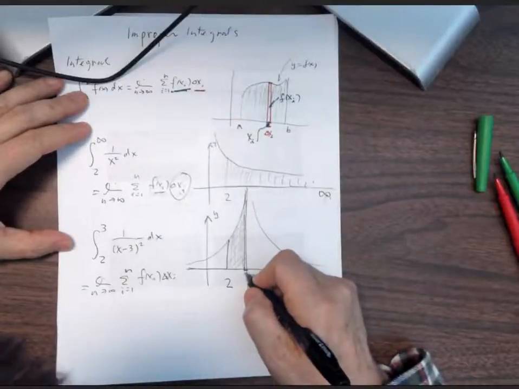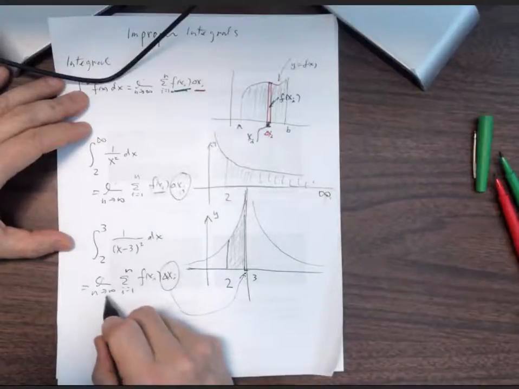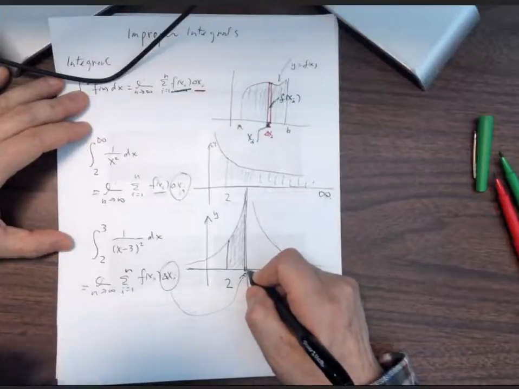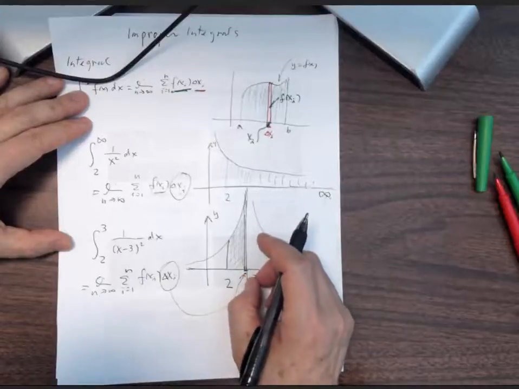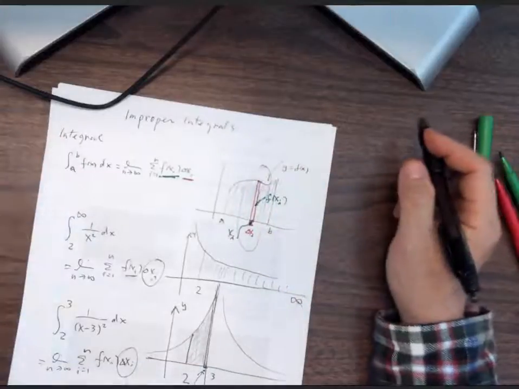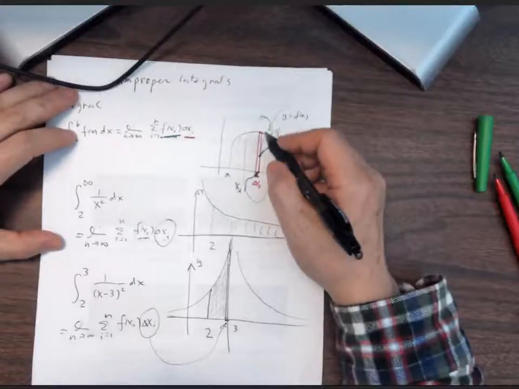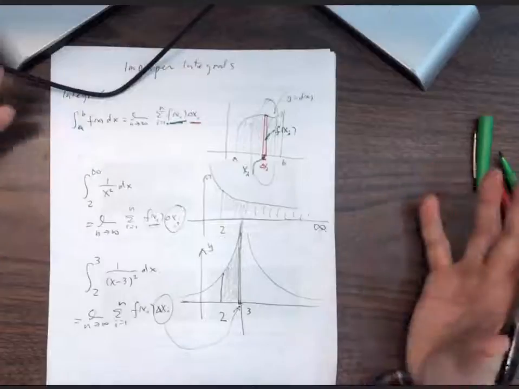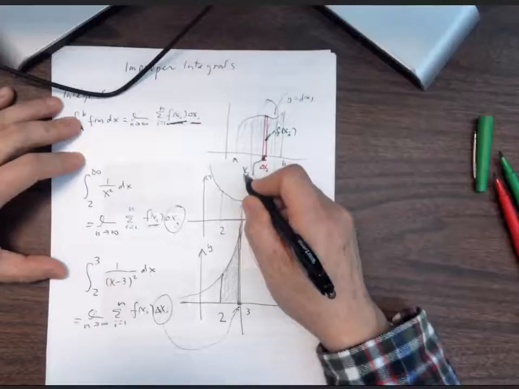Now the width delta x can be very, very small, but as we increase the number of strips, this strip gets narrower and narrower, which means the usual way to construct a rectangle would require the height to be very, very large, because this graph goes up vertically, pretty much approaching this line.